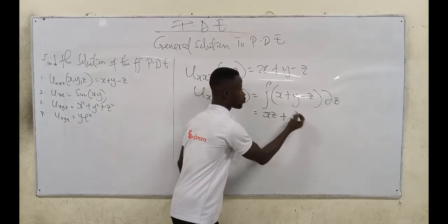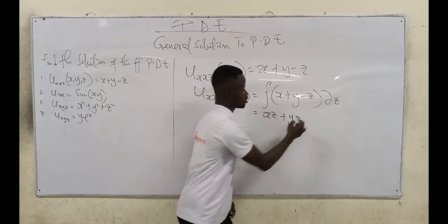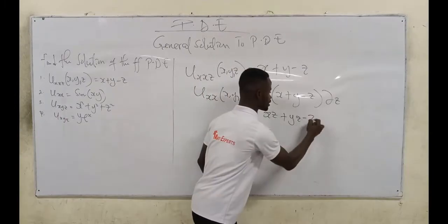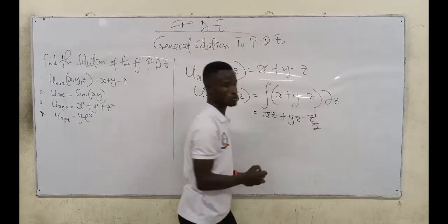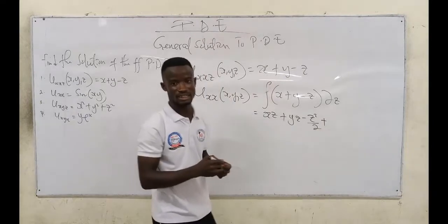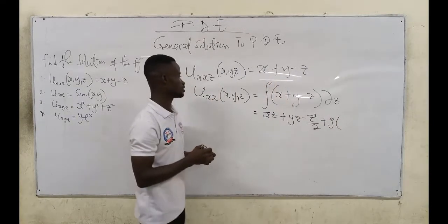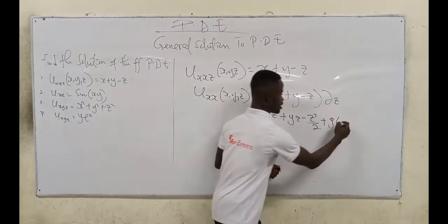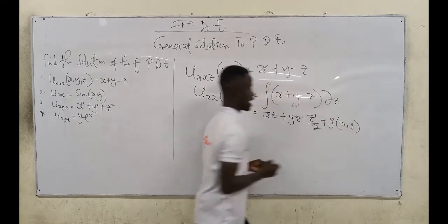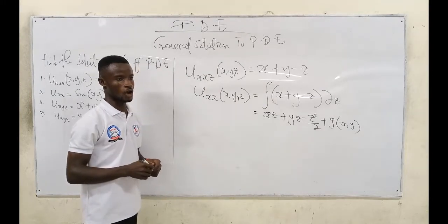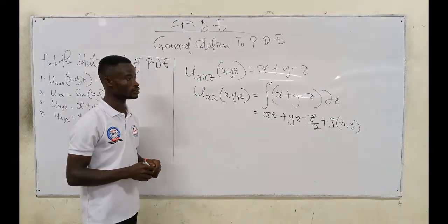Plus yz minus z squared over 2 plus a function, let's say g, in terms of what? x comma y. I hope it's clear. Alright.